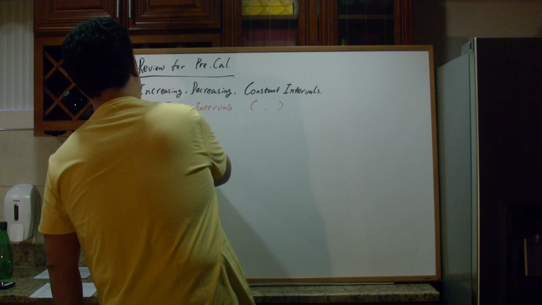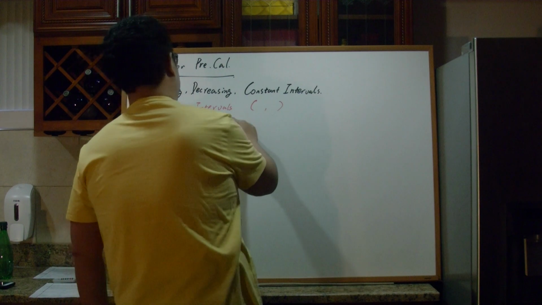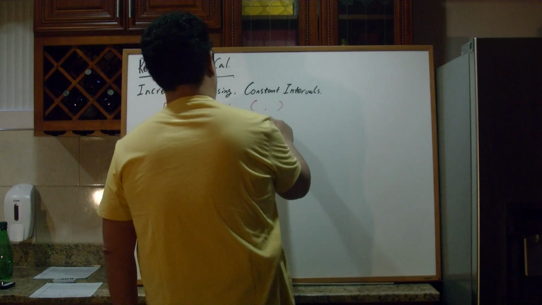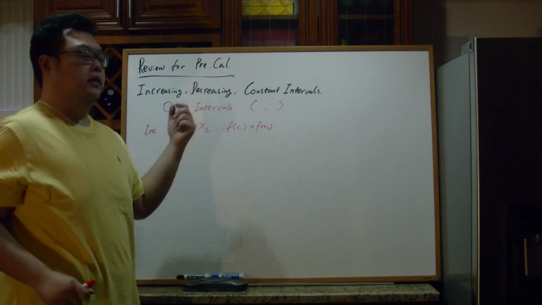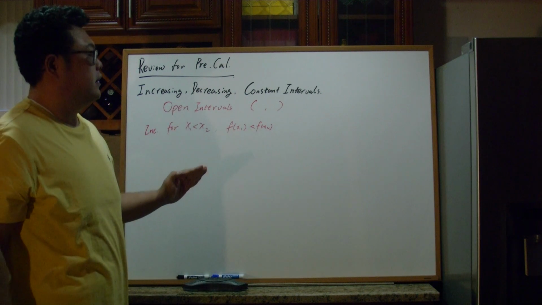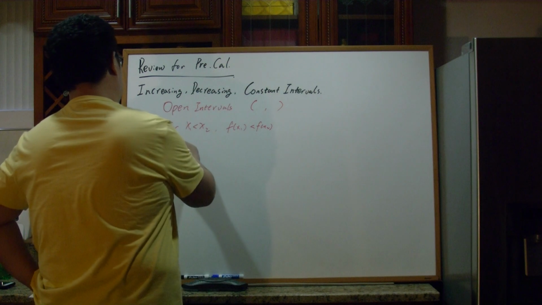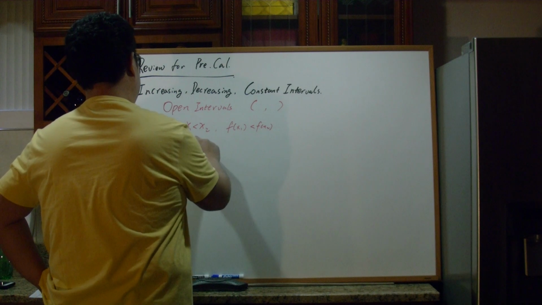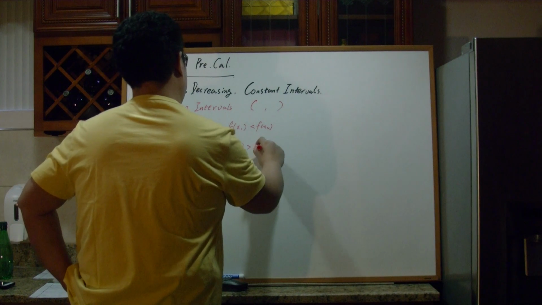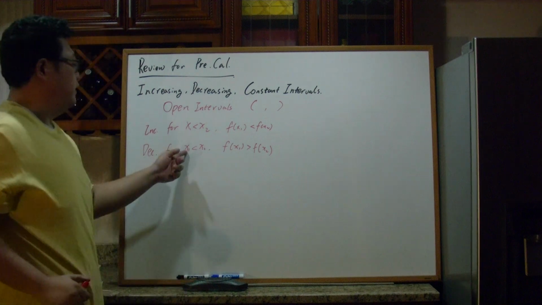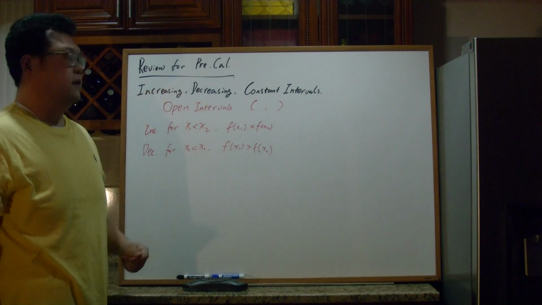For increasing, for x2 bigger than x1, f of x2 is bigger than f of x1, so the function in the graph is climbing up. For decreasing, similarly, when x1 is less than x2, but the function value, or the y value, is smaller.